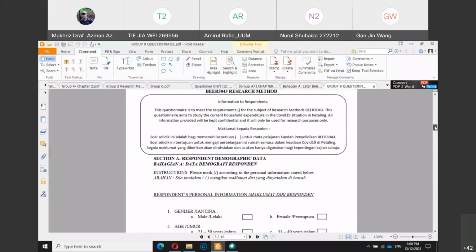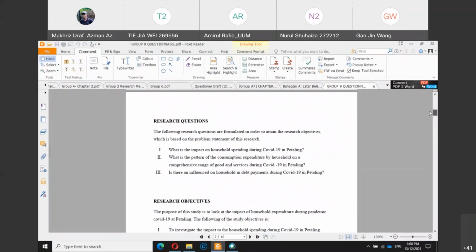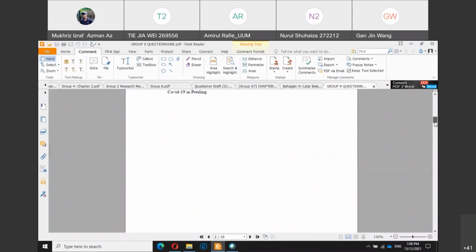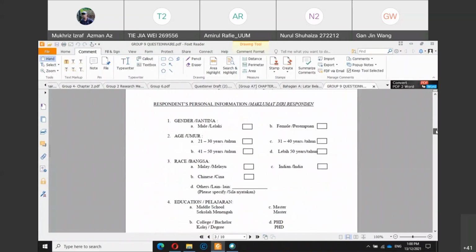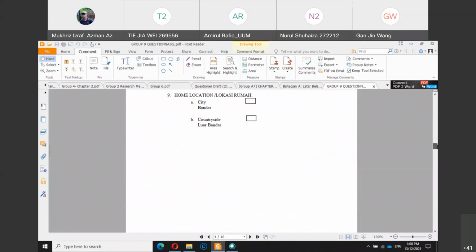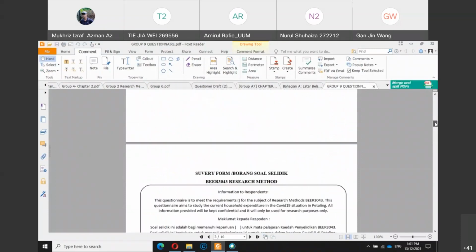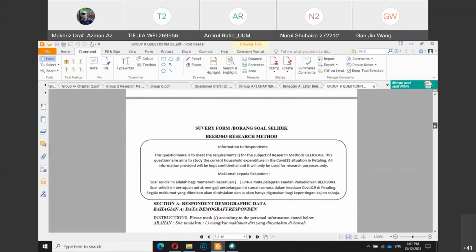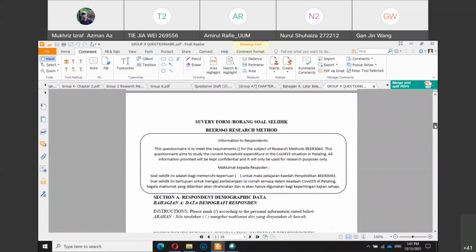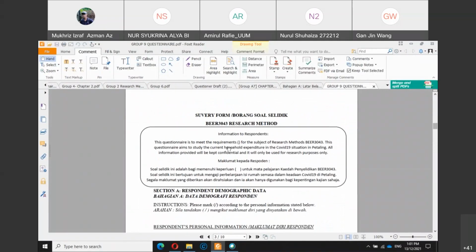So group 9, you are doing on apa dia? Lupa dah. Group 9 you all buat tentang apa? Household expenditure, COVID-19 situation in Petaling.